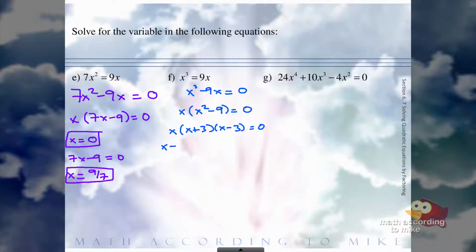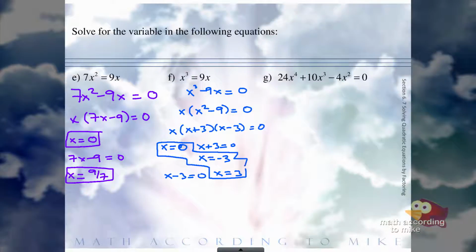The first one would say x equals 0. The second one would say that x is negative 3. And the last one would say that x is positive 3. So we have three answers there, 0, negative 3, and positive 3.